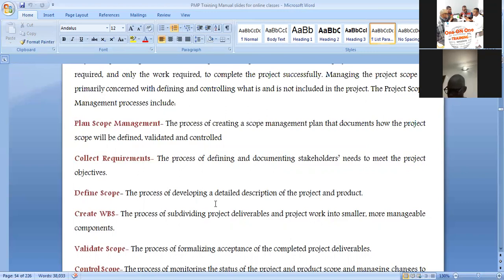Project scope management has 6 sub-processes, 6 things we would do well to have our project scope managed correctly. So the first one is the plan scope management.